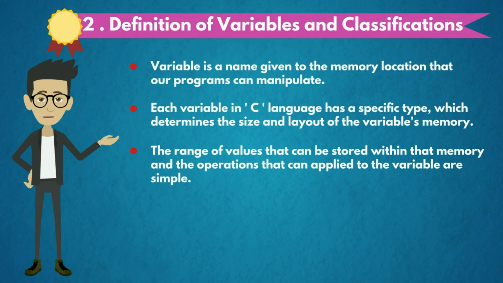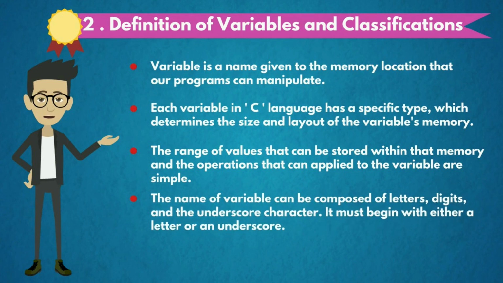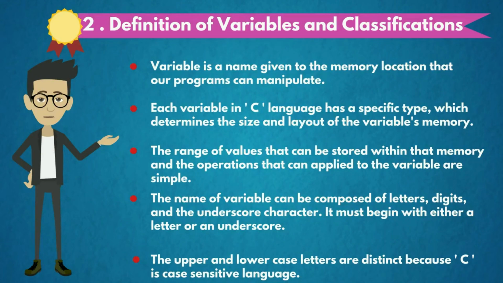The name of a variable can be composed of letters, digits, and the underscore character. It must begin with either a letter or an underscore. Upper and lowercase letters are distinct because C is a case-sensitive language.